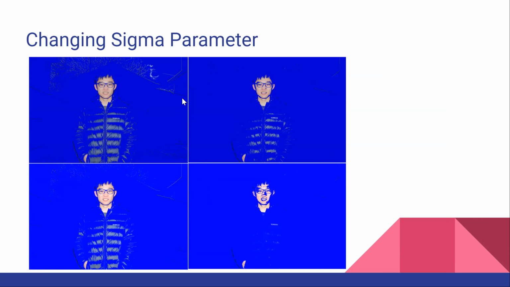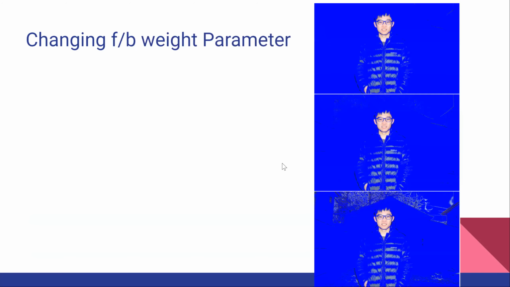We can see as sigma increased, we got less misclassified background. A lot of background is classified as foreground here, but we also got less foreground correctly classified. You can see my face is tinted with background stuff.